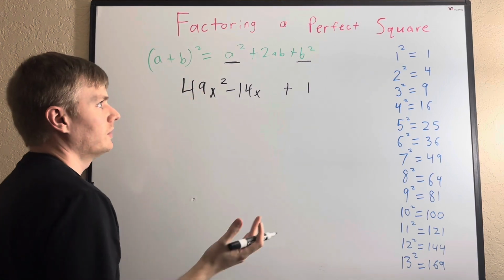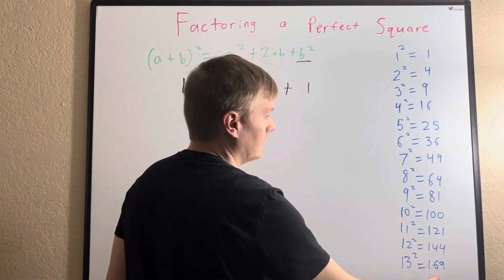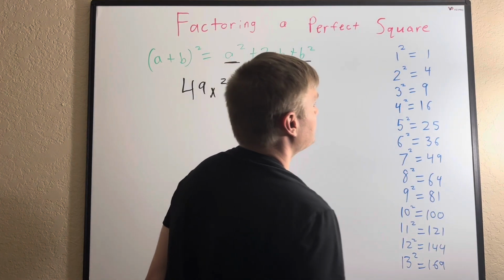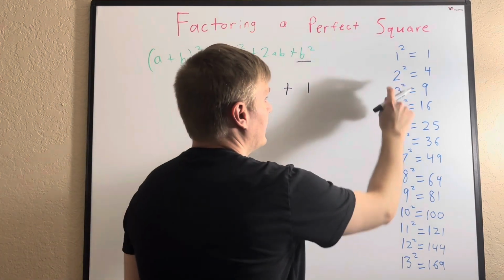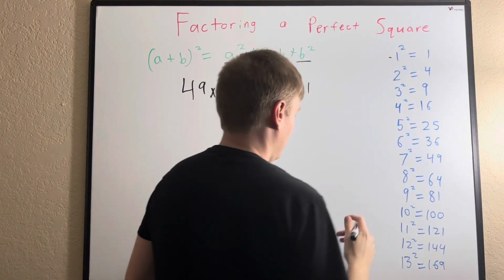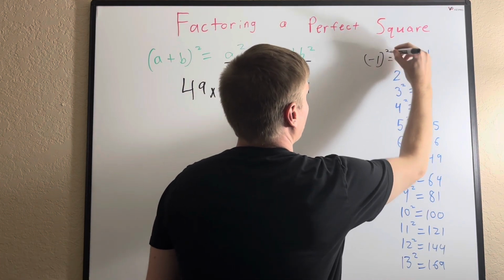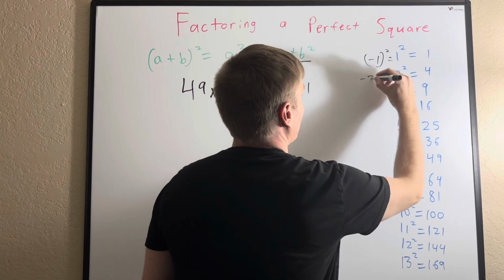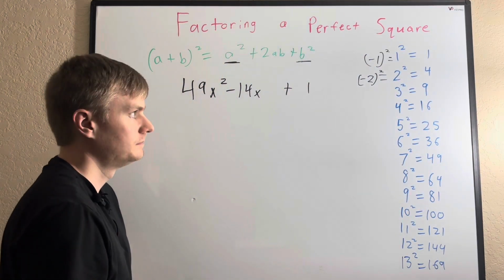Now, first of all, know your perfect squares. I have the first 13 listed here. And note that all of these can be negative as well: -1 squared, -2 squared, on and on.